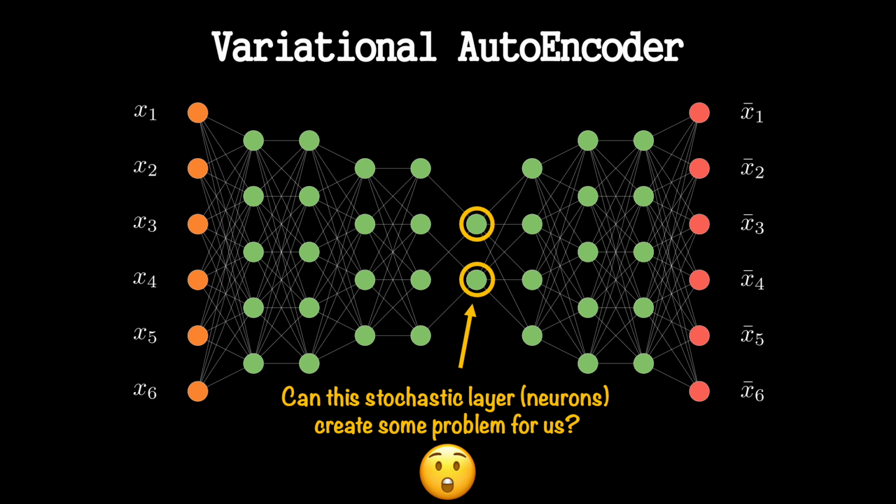Stochastic is just a fancy, but better, way of saying randomness. So now the challenge is how we can have backprop working when there are stochastic neurons in our neural network. The VAE paper talks about a remedy called Reparameterization Trick to handle this kind of a problem.